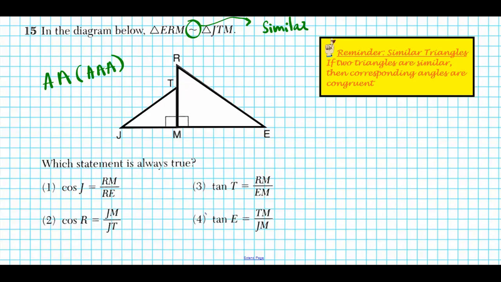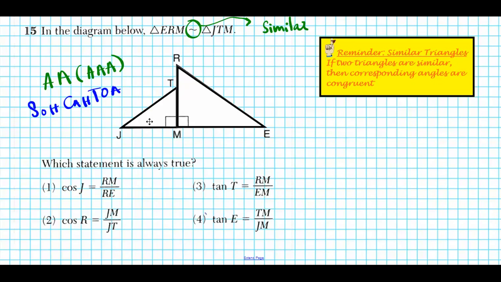We're going to be using that, and then we will be using SOHCAHTOA also to help us out. Alright, now this problem involves applying the trig ratios to two triangles and also comparing corresponding angles and setting up ratios. So in order for you not to get confused, what I'm going to do is separate the two triangles and consider it case by case for each option that we have here.